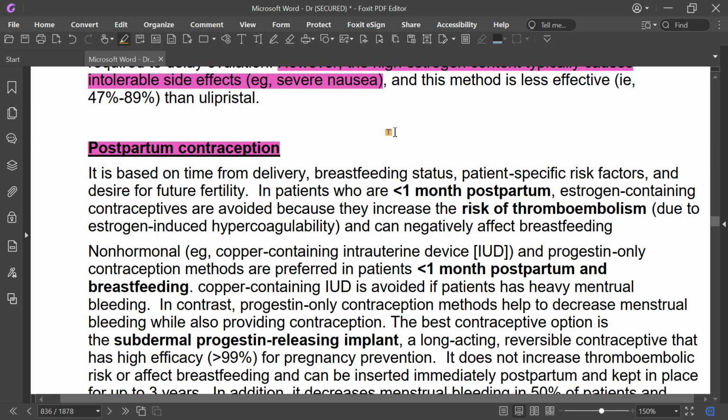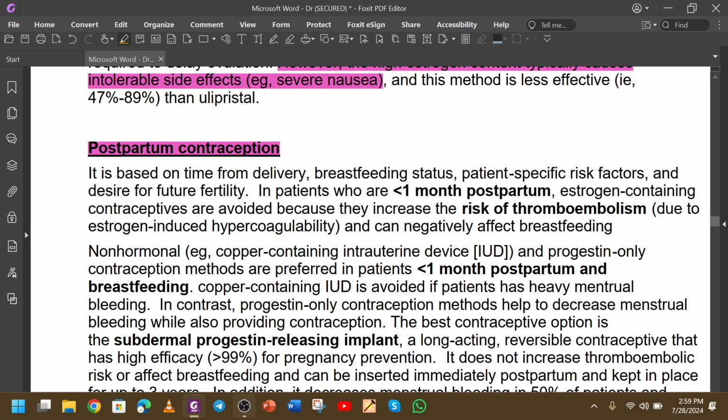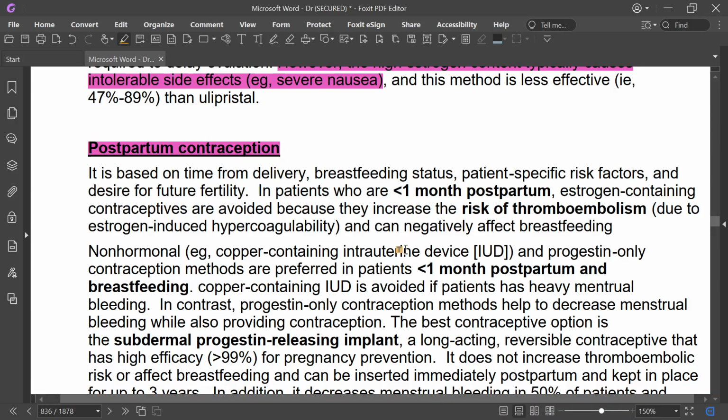In patients who are less than 1 month postpartum, estrogen-containing contraceptives are avoided because they can increase the risk of thromboembolism.